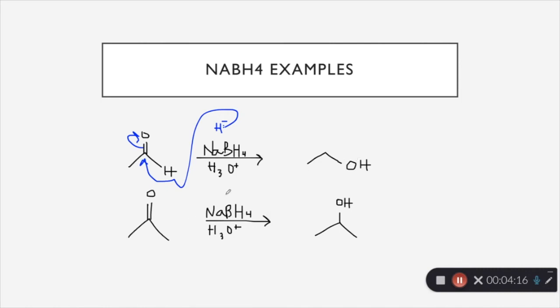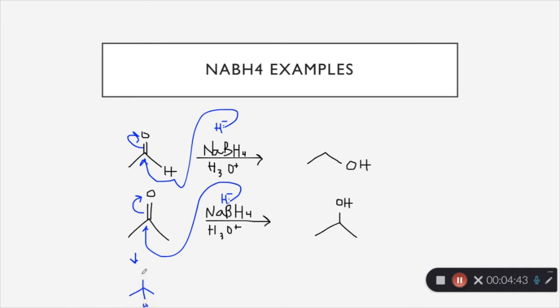So same thing here. We have NaBH4, which produces a hydride ion. And I'm actually going to draw out this mechanism just so you can get the full idea of it. So that hydride is going to come and attack the carbonyl carbon, and that will push these electrons up. And that will give you a hydrogen right here.